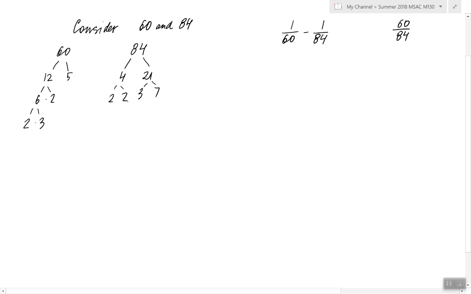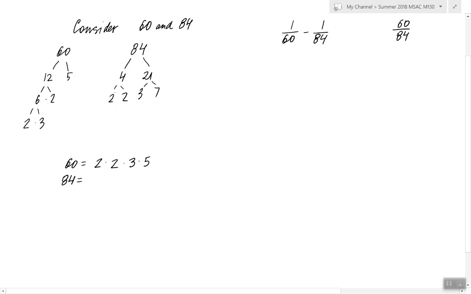So once you have the prime factorization, what I usually do, I write the prime factorization of the first number in order from the smallest to largest, and then I write the prime factorization of the second number right underneath. And as I'm writing it, I'm trying to match the factors.